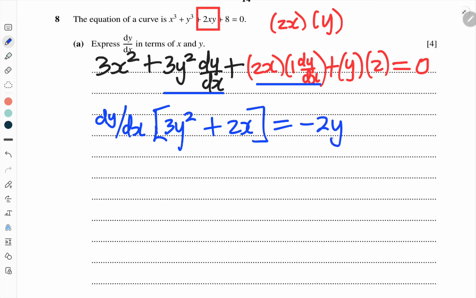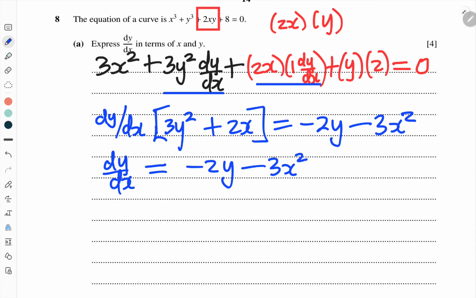I will have negative 2y, negative 3x squared on the other side. From there, I'll divide both sides by the bracket, and I'll end up with negative 2y minus 3x squared all over 3y squared plus 2x. So that's how we get the derivative of this function.